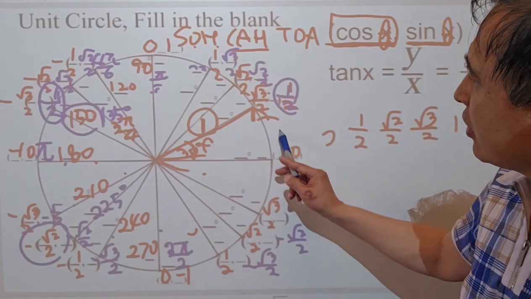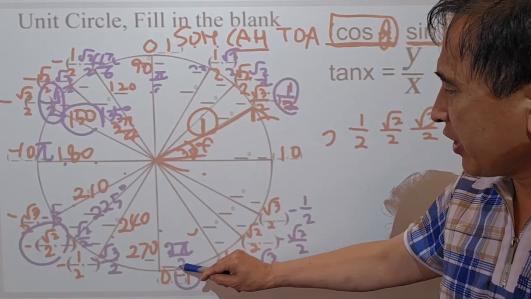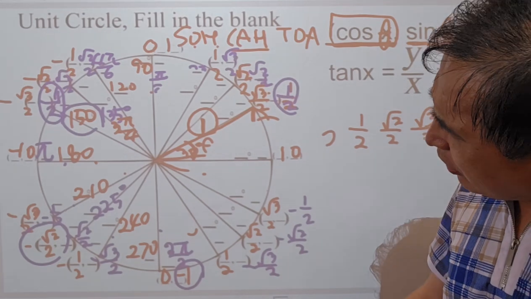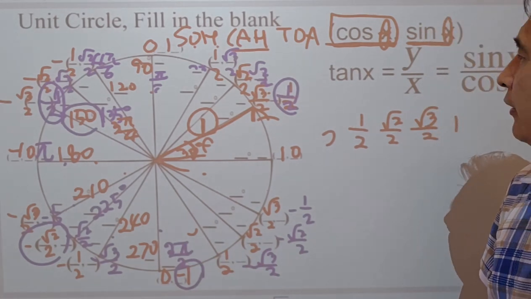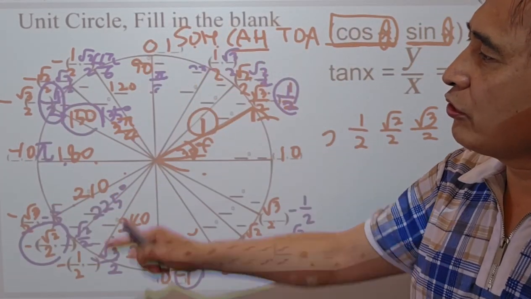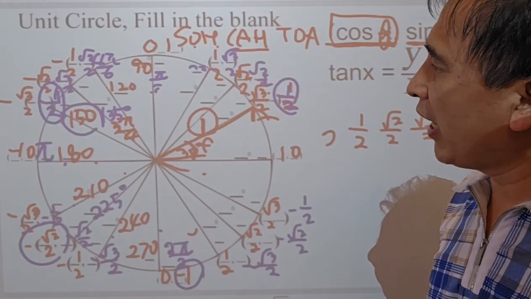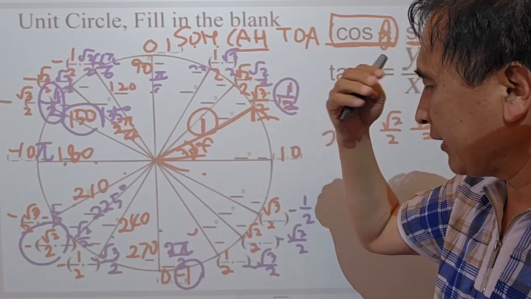Let's say sine 3 pi over 2 is right here, right? Sine is y value. So sine 3 pi over 2 is negative 1. You can read it that way. So all special angles from 0 to 360, 0 to 2 pi, with the unit circle, you can tell easily. So you might practice this one.